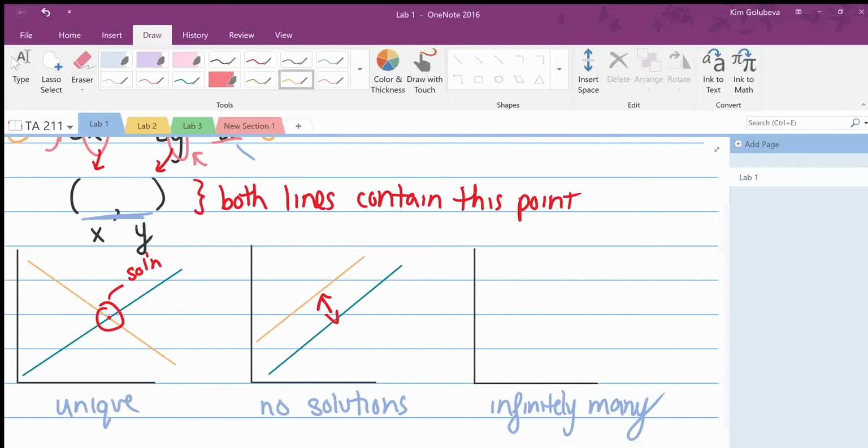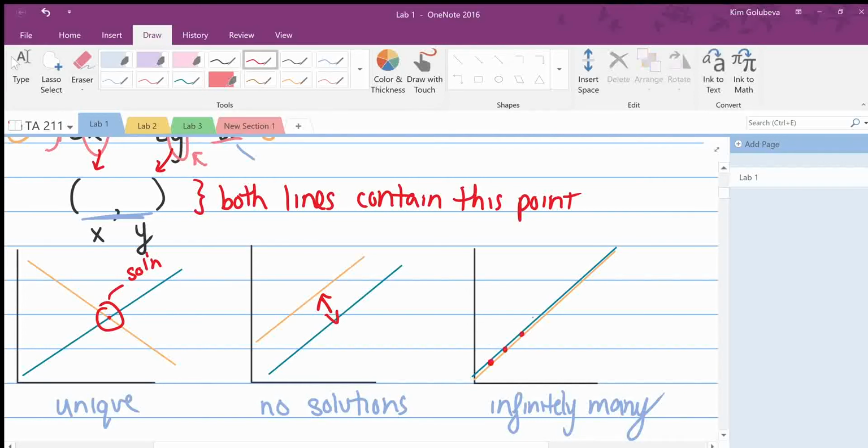Because of that, you can imagine it to be two lines that are essentially the same line. I'll draw them a little bit skewed here. They're meant to be right on top of each other, but just so that you can see what I'm talking about.